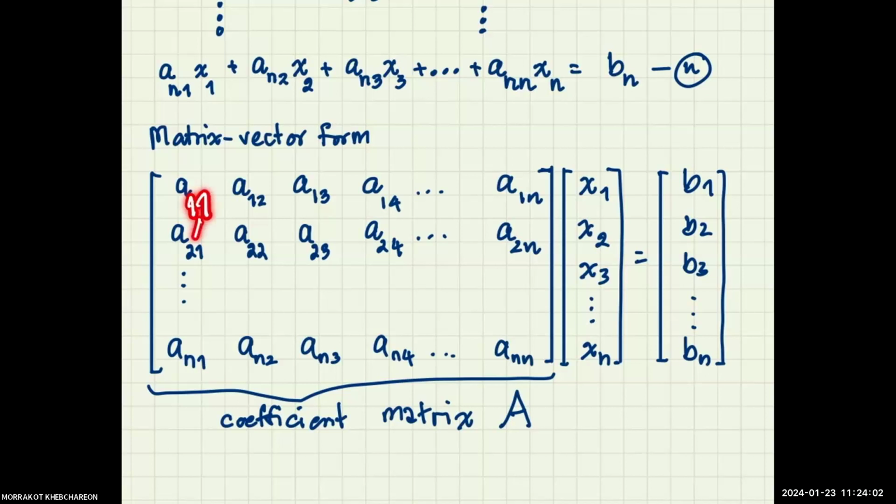The right way to write it is A1,1. Or A1,2 means the element is located at the first row and the second column. A4,5 means the fourth row, fifth column, okay? So you will see that this is matrix A.